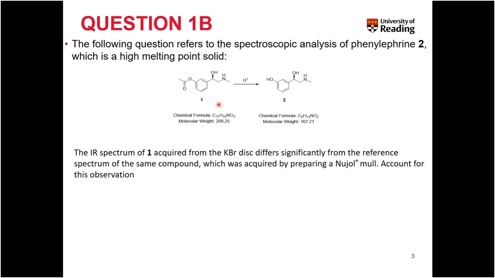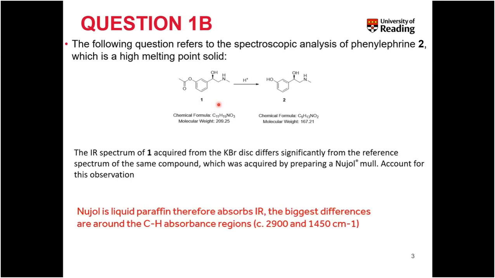So the spectrum that you see is a combination of the spectrum from the oil and the spectrum from the sample. In contrast, using the KBr method, the potassium bromide is invisible to infrared light. It doesn't absorb it. And therefore the infrared spectrum that you get comes solely from the sample. So the answer to this question is that Nujol is liquid paraffin, or you can say it's an oil, and therefore absorbs infrared light. The biggest differences are around the CH absorption regions.